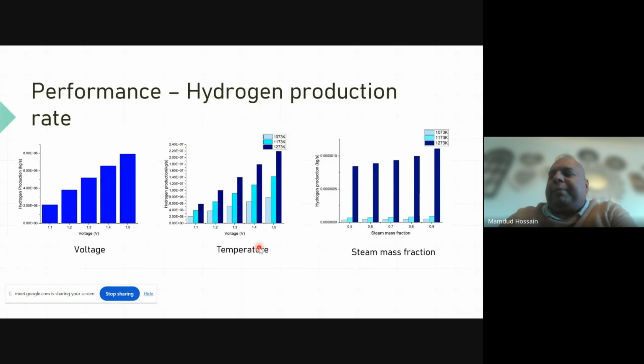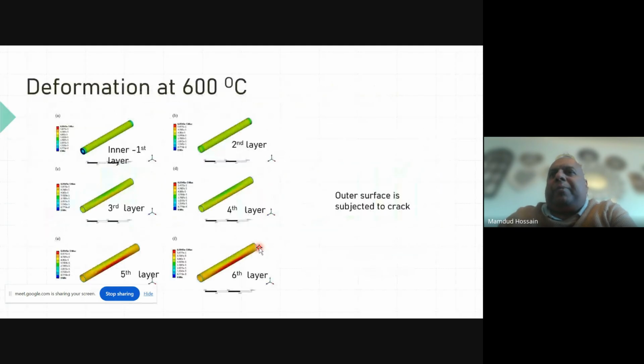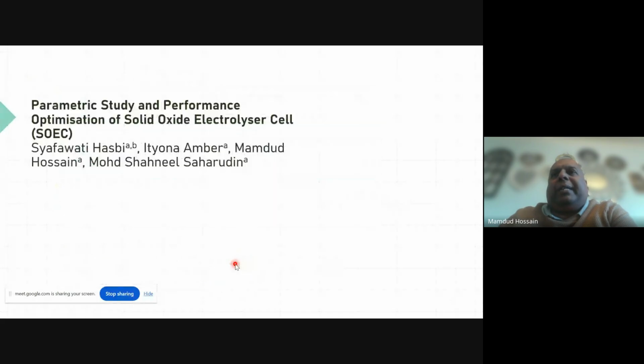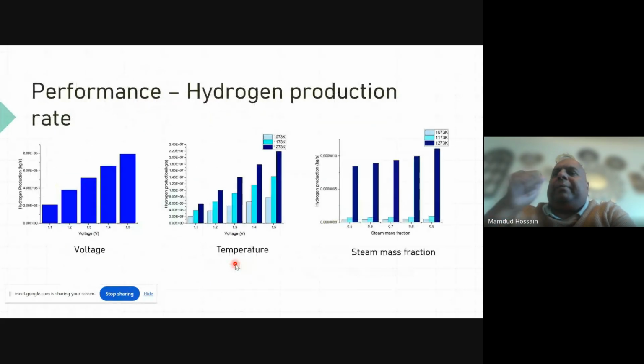However, at high temperature, you have the problem of debonding and cracking. So it's not always possible to run your electrolyzer at very high temperature. We have the material limit and things like that. From the performance point of view, it's better to use high temperature.